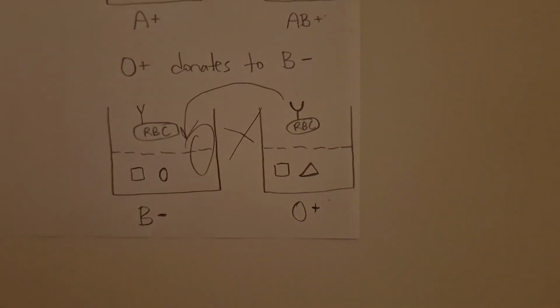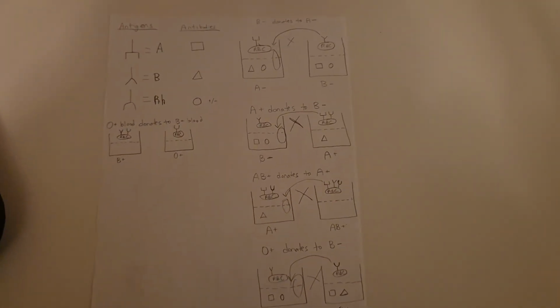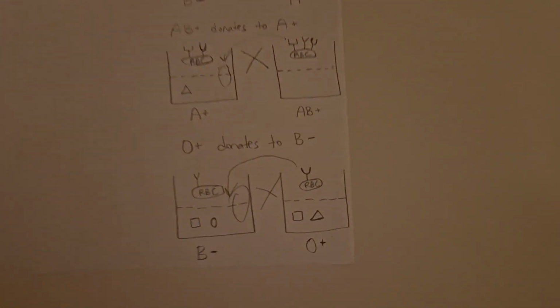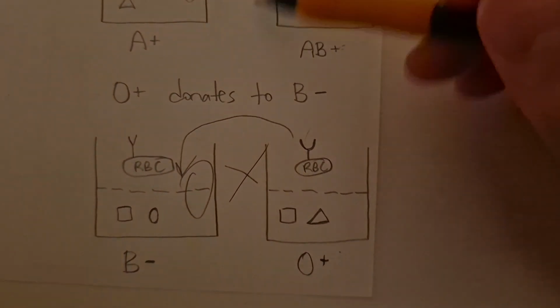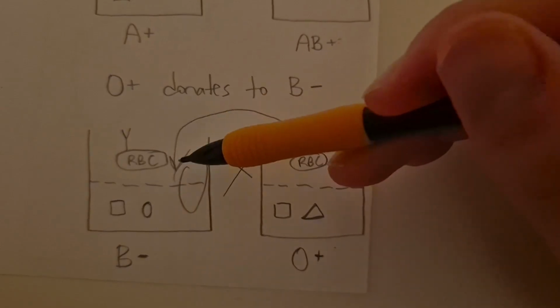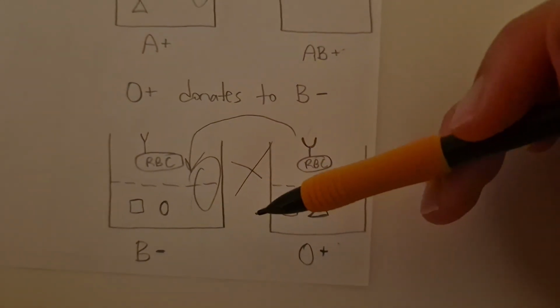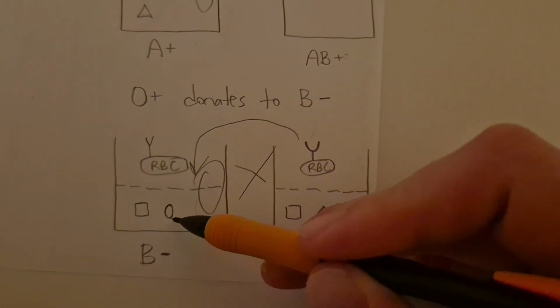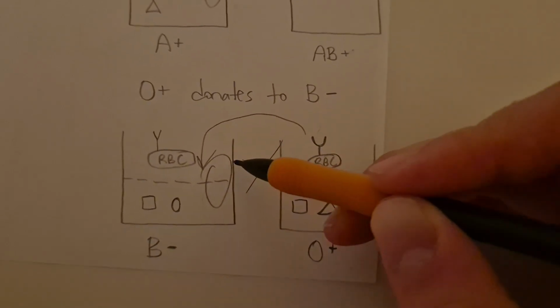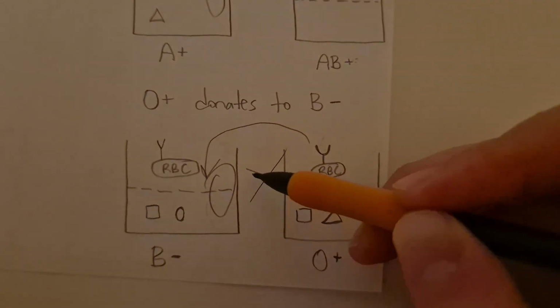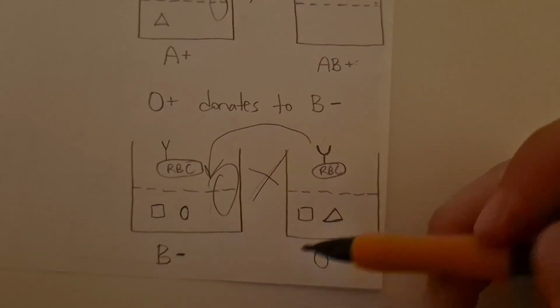And then we line up our B minus blood with just the B antigen, and it's going to have the A antibody and the Rh antibody because it's minus. So we take this RBC and we donate it into this solution, and we will be unsuccessful because this Rh antibody will bind with this Rh antigen, making the blood cell explode, and therefore it is unsuccessful.